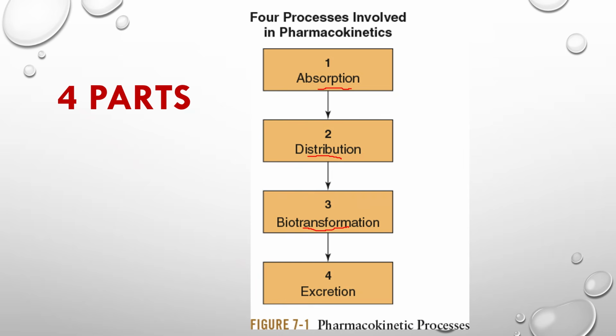And then ultimately excretion. And so kind of an acronym that goes along with this, if we replace biotransformation with metabolism, is ADME. So A for absorption, D for distribution, M for metabolism, and E for excretion. So ADME helps you remember the order of those.